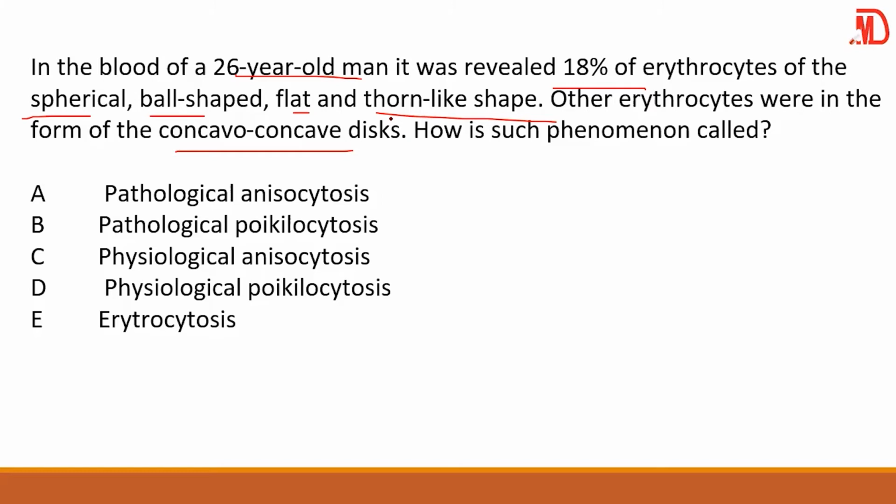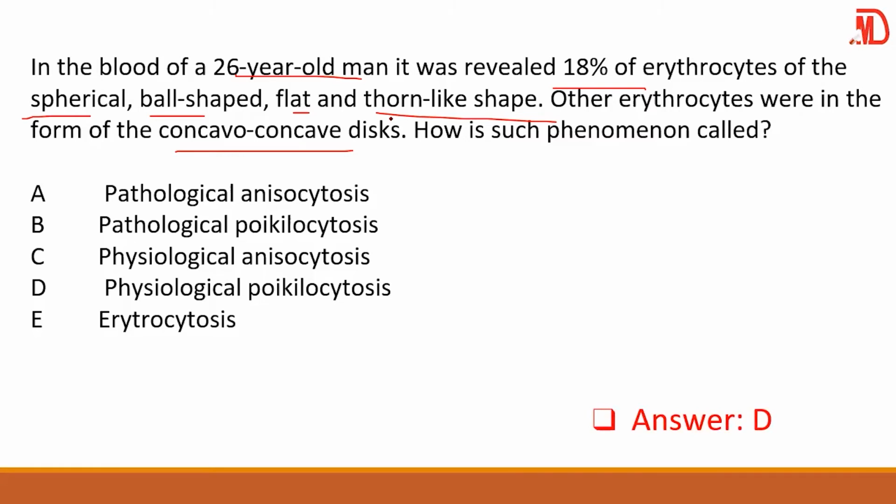But if you have more than 50% of these abnormally shaped red blood cells, then that becomes a pathology, a cause for concern. So over here, since it's 18%, it's not up to 50%, we can say this person has a physiological poikilocytosis. But if it is more than 50%, then we are thinking of a pathological poikilocytosis. So over here, your answer should be physiological poikilocytosis. So D.